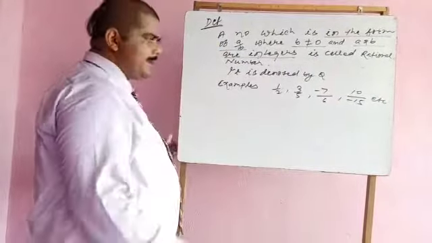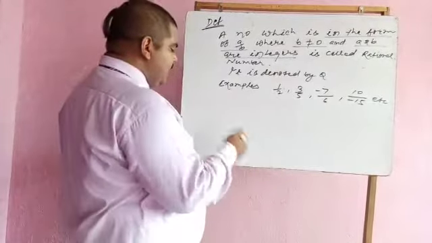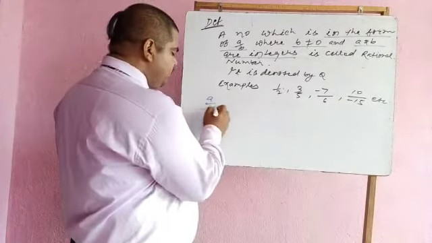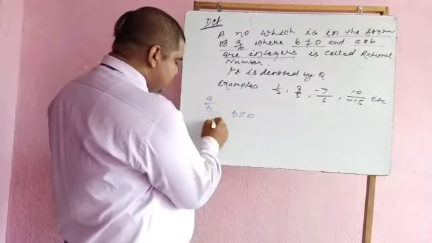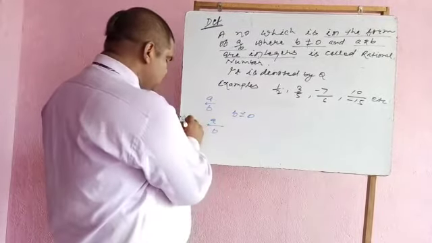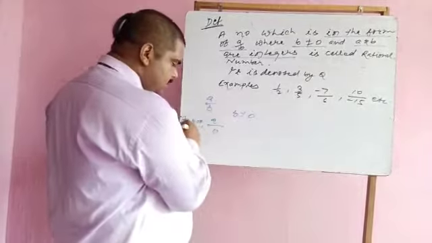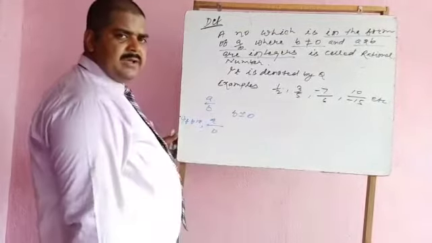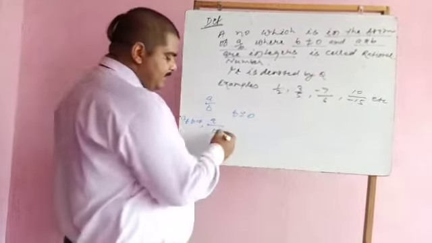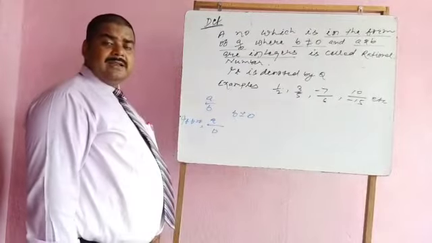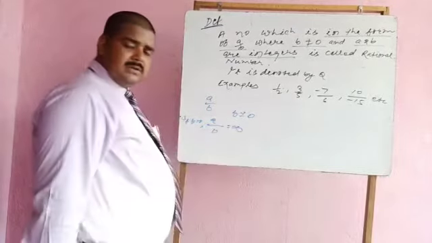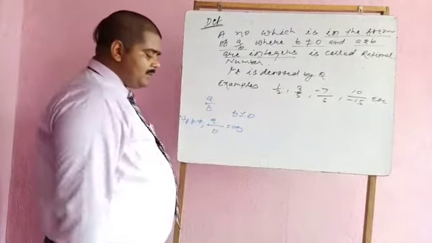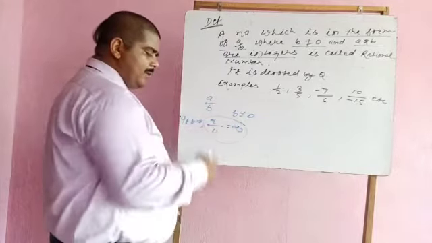My dear student, for any number in the form of a upon b, b cannot be equal to 0 because if b is equal to 0, then the number changes into a upon 0, and you know that if any number is divided by 0, then it is not defined. So the denominator cannot be 0.